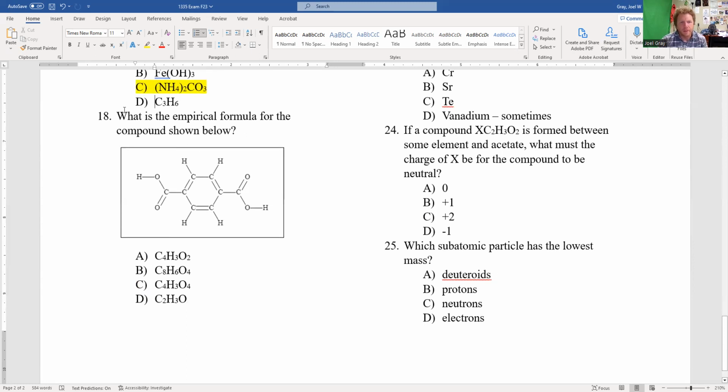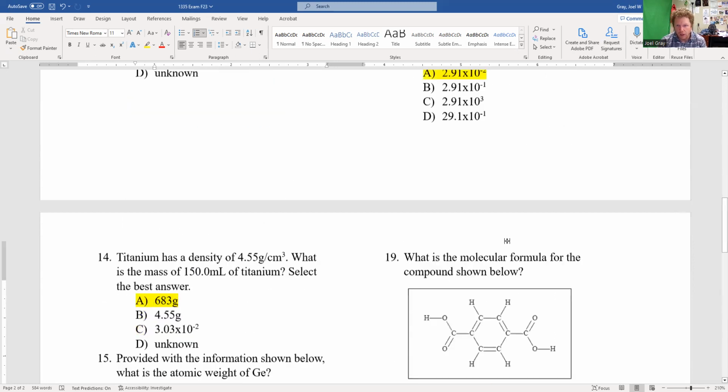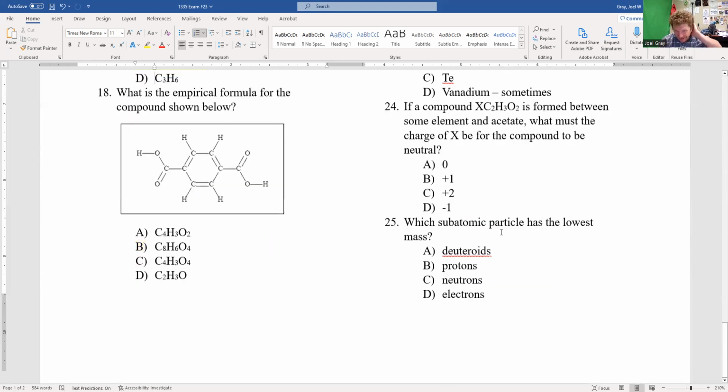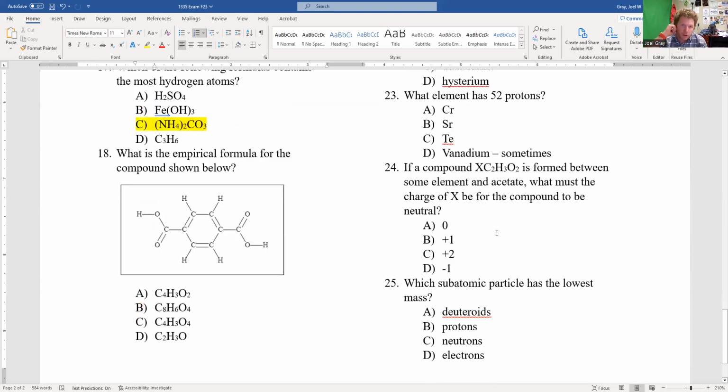All right. Now this question right here and question number 18 and 19, they are in the sequence of empirical formula and molecular formula. You're given a structural formula. Every atom is shown and the relative positioning of them is shown. So this one, you can give yourself a little bit of help by counting up the atoms with the lowest number.